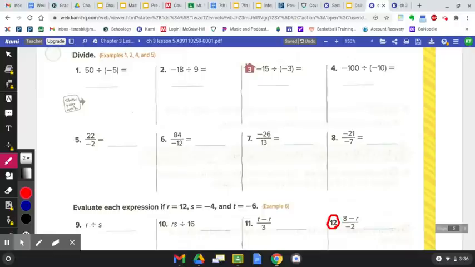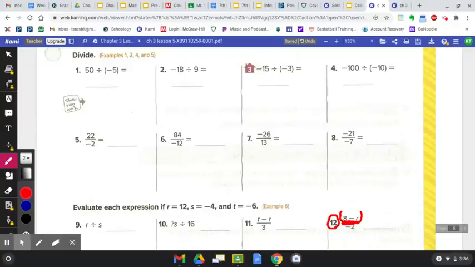However, if I were to read that to somebody and they were to do the order of operations, they would say, okay, I have to do division before I do subtraction. But notice that the division is of the whole 8 minus r. So really, that should be in parentheses. So I want to find out what this top value is and then divide by negative 2.